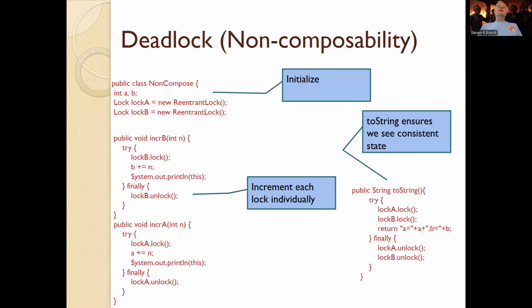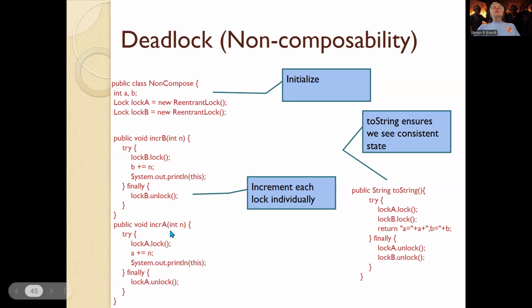So in this case, I'm going to have two variables, A and B, and I'm going to get a lock for each of them, lock A and lock B. Then I've got incr B, which is going to lock the lock, increment the integer B by some amount, print out the state of this non-compose object, and then unlock.